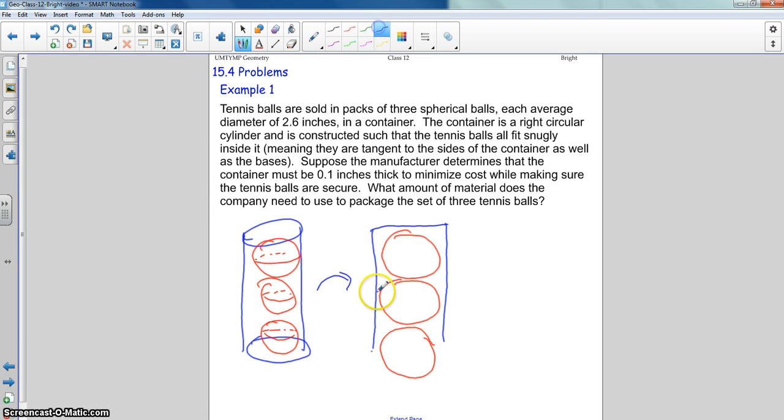Okay, so my container is going to look something like this. And again, all the balls are tangent to the sides of the container. It looks something like this, and then there's some thickness to it, so I'm going to make another rectangle around this.